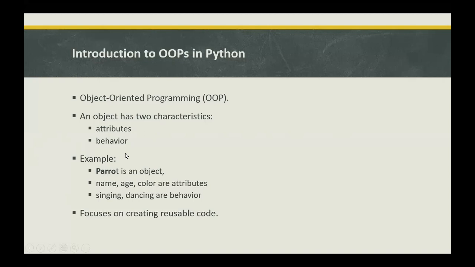Here we create the object, an instance, for the respective classes. The same object you can call the instance. The example given is that parrot is an object, and name, age, color are the attributes, and singing, dancing are the behavior.